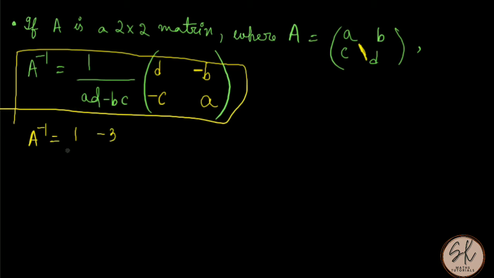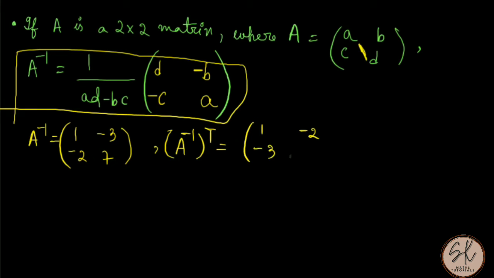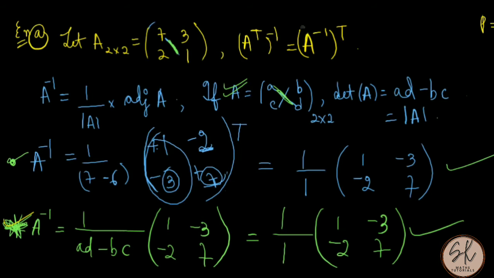So now A inverse transpose is equal to 1 minus 2 minus 3, 7.